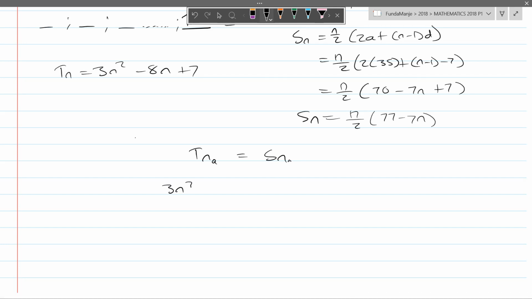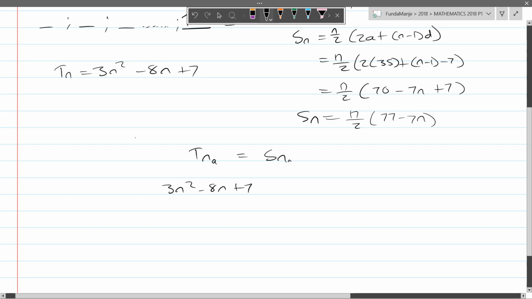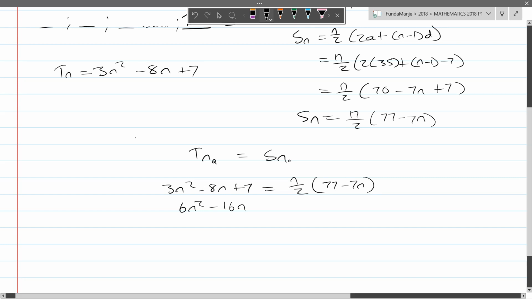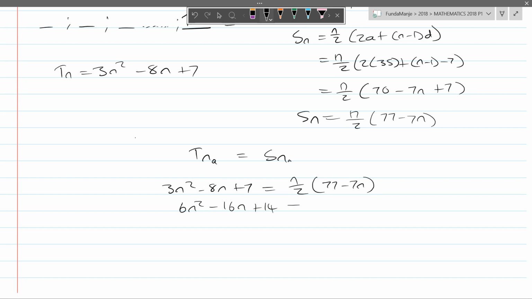This will be 3n squared minus 8n plus 7 is equal to n over 2, 77 minus 7n. Multiply both sides by 2 to get rid of this fraction. We get 6n squared minus 16n plus 14 is equal to n bracket 77 minus 7n.